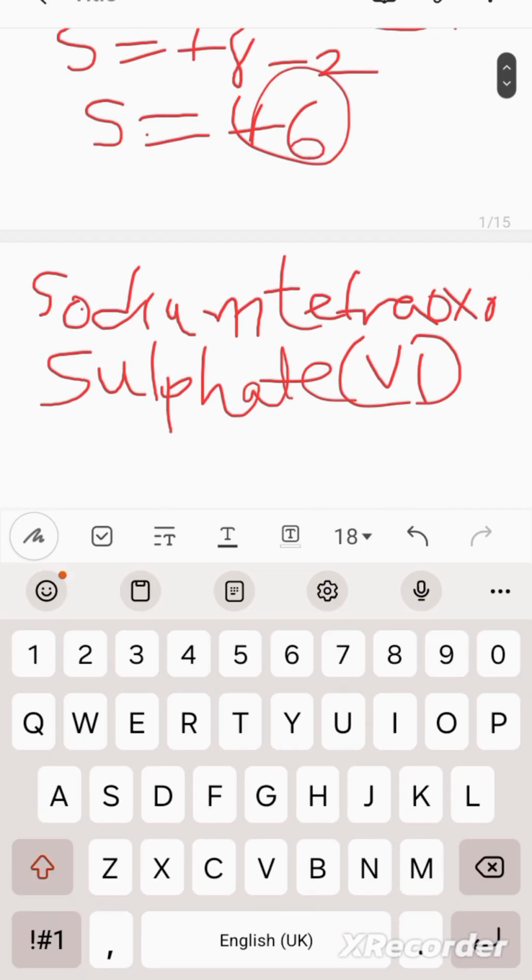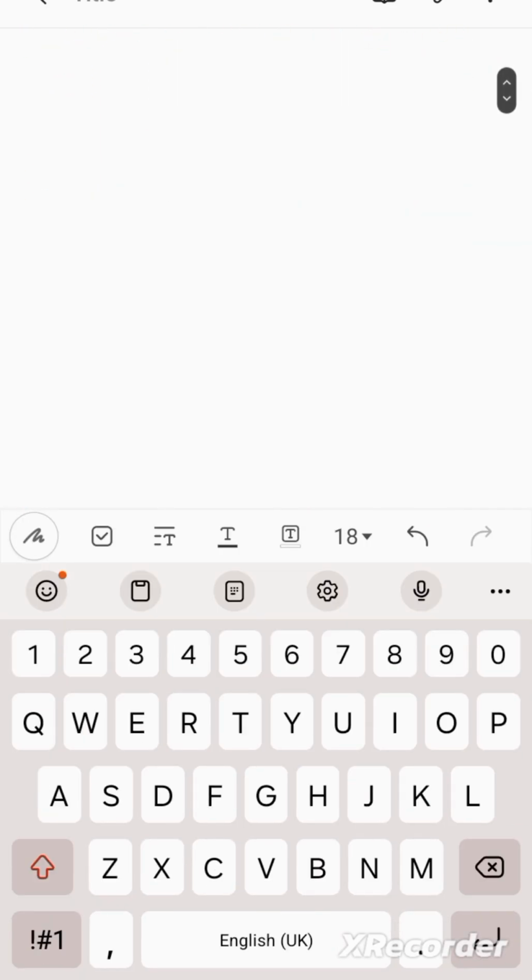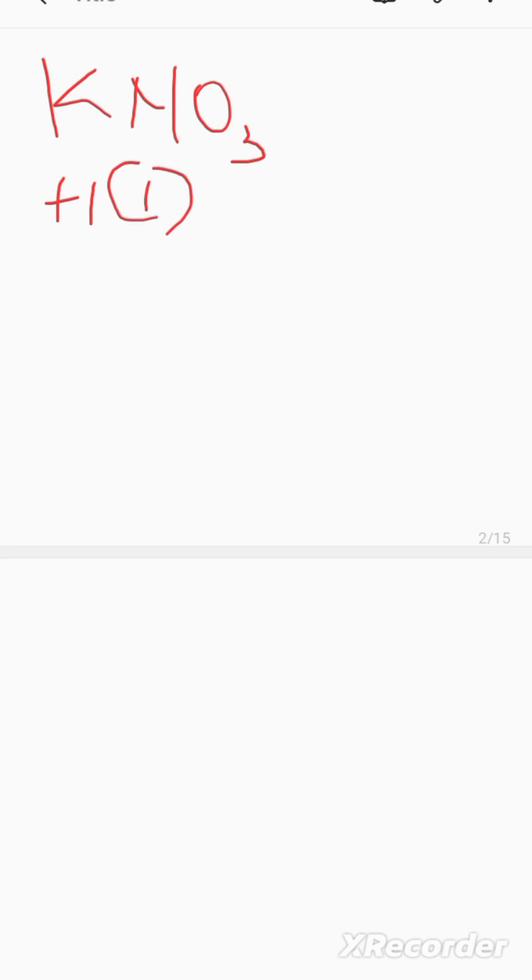Let's move to the second one. Let's do the second one now. For the second question, we have KNO3. So we are going to find the oxidation state. Potassium is +1. So we have 1 of potassium plus nitrogen, which is the unknown, plus -2 times 3.